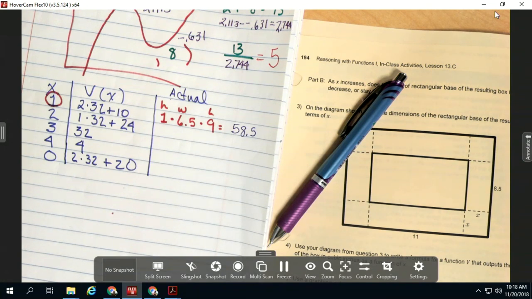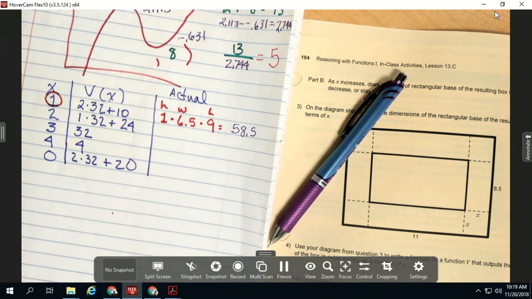So for the 4th, 1, 2, 3. Then 6.5, 4.5, 2.5, and 9, 7, 5.